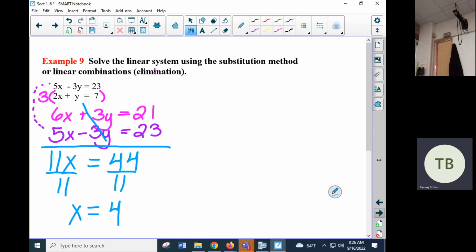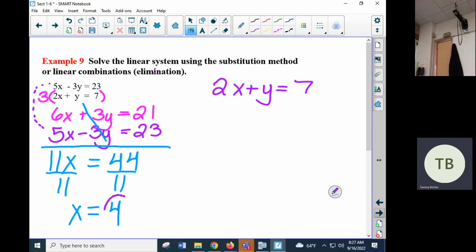Now, if it was one of those special cases, what would happen is both of your variables would cancel. Okay. Now what I'm going to do, I know what my x is, but I still need to find out what my y is. So I'm going to take one of these two equations. It doesn't matter. I would probably choose this bottom one just because it has smaller numbers and there's nothing in front of the y, but you can do either one.